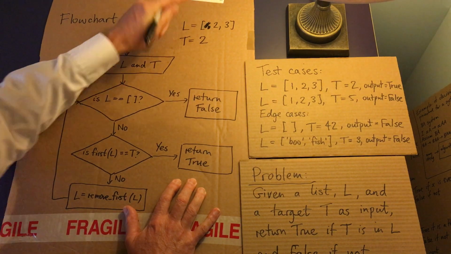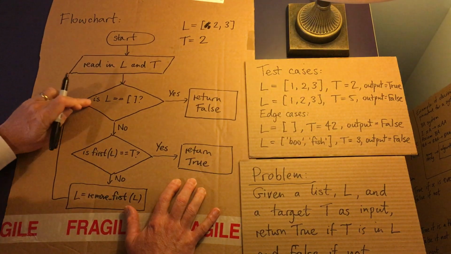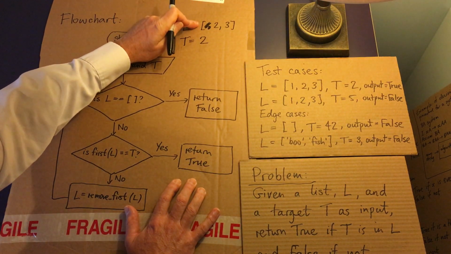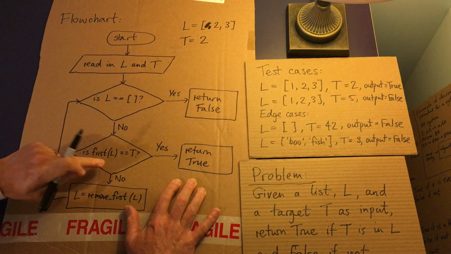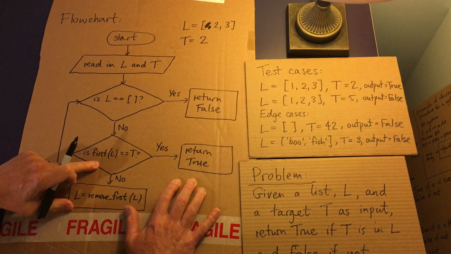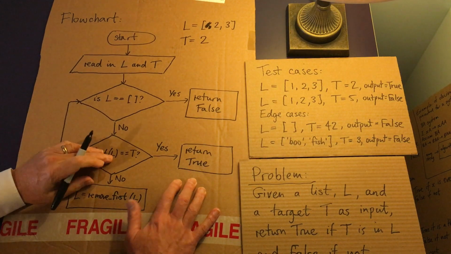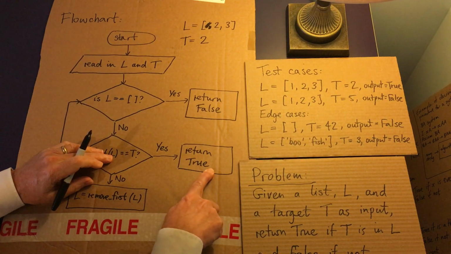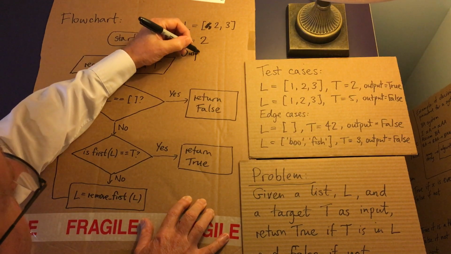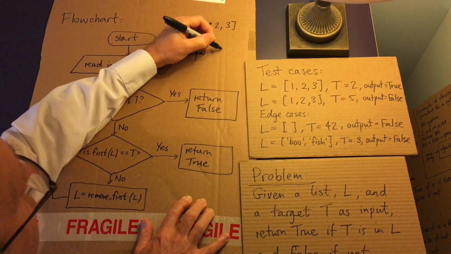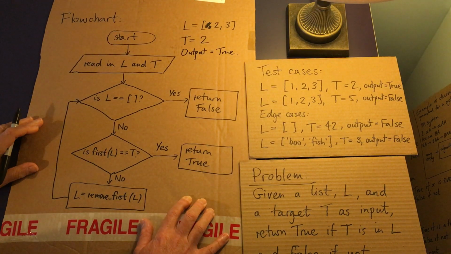So L now has the value 2, 3. And I go back round here. Is L the empty list? Well, no, it's not. So I go down here. Is the first of L equal to T? Well, the first of L is now 2. T is 2. So the answer is yes. And I end up here, return true. So I now say output is true. And that's what the algorithm then returns.